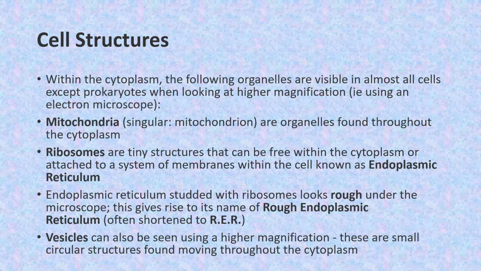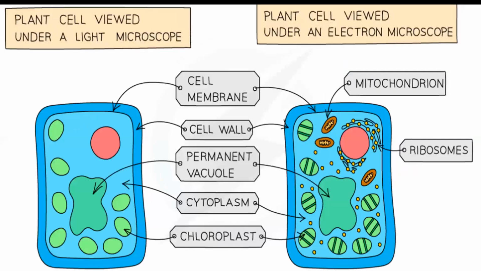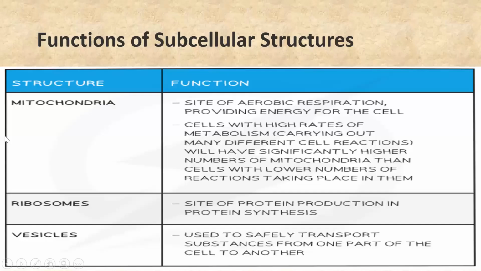Now, mitochondria are organelles found throughout the cytoplasm. This is the site of aerobic respiration. Aerobic respiration is the biochemical process of breaking down nutrients to release energy in the presence of oxygen.